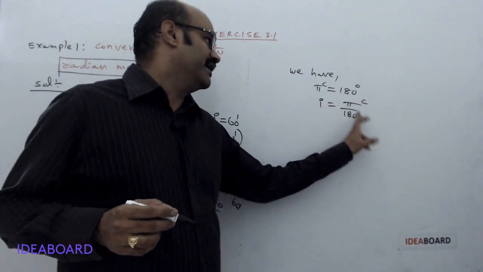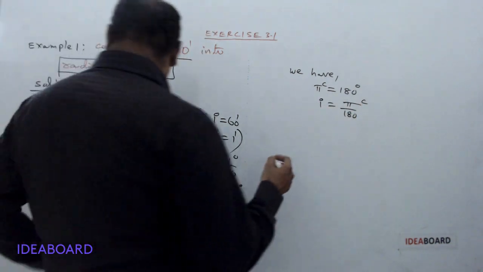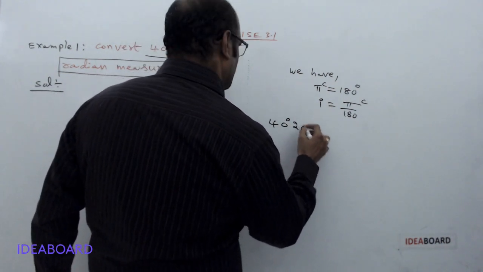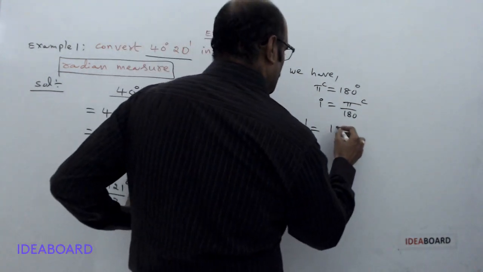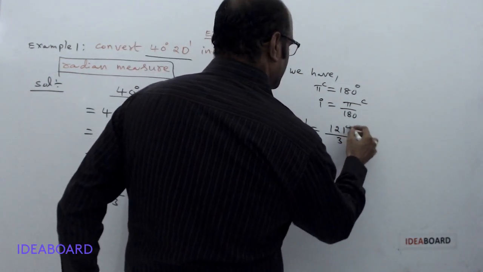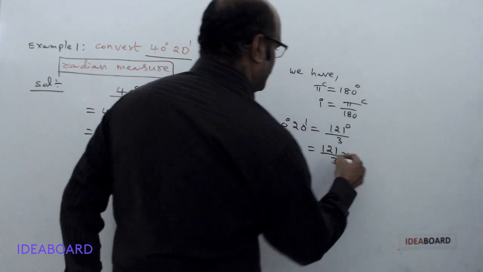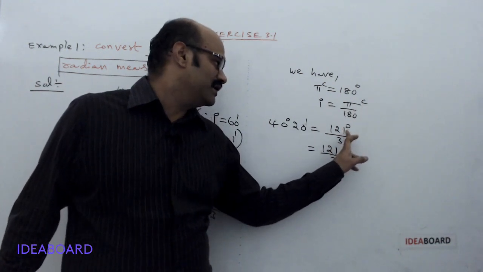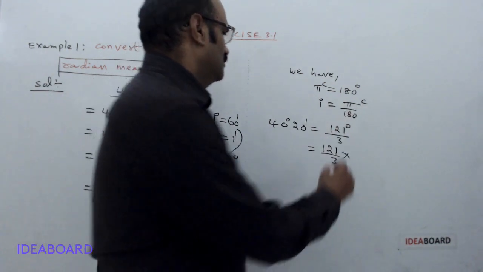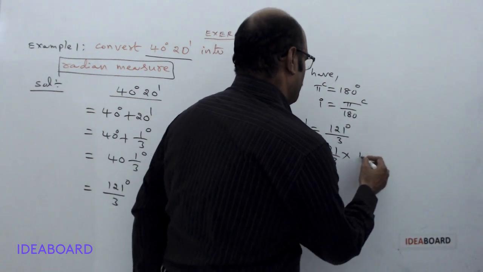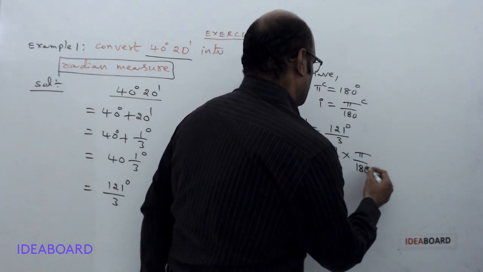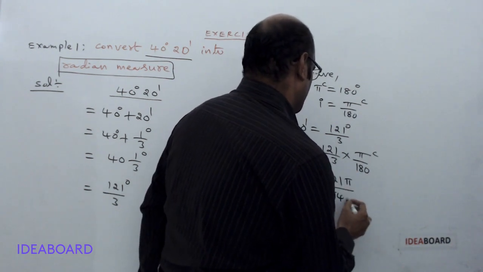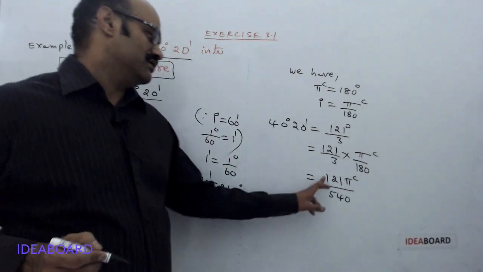So it implies 40 degrees 20 minutes equal to 121 by 3 degrees, which is equal to 121 by 3 into pi by 180 radians. So equal to 121 pi by 540 radians. Therefore, this is the answer.